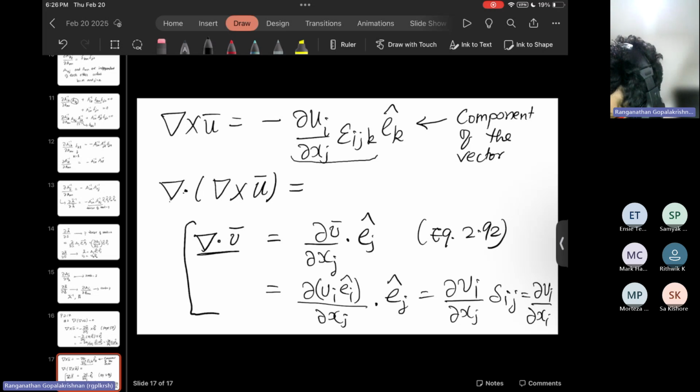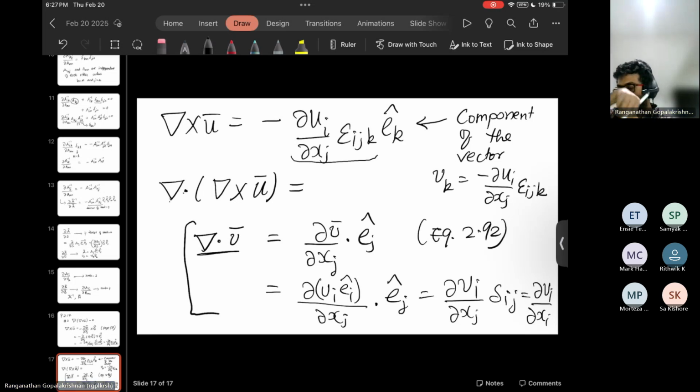So I can write vk as minus partial derivative of ui with respect to xj, epsilon ijk, multiplied by ek. I'm just saying the vector v happens to be this vk multiplied by ek.